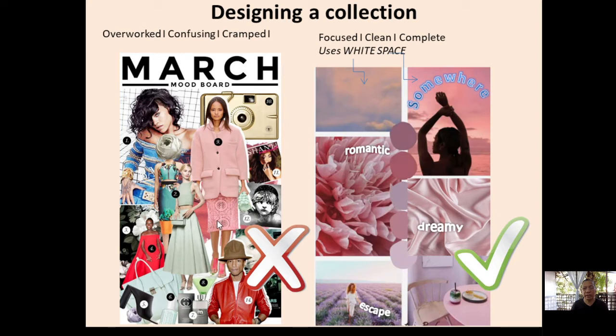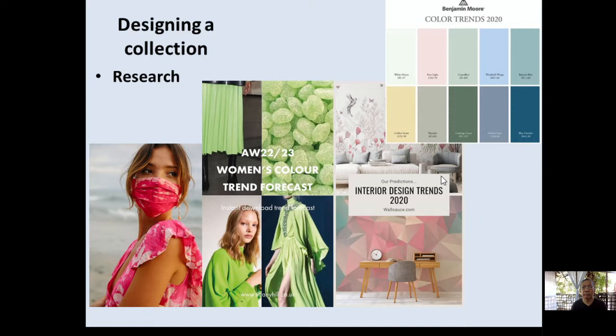No? So it doesn't mean anything at all. So please be able to decipher which good mood board will be able to help you develop or design your collection, which we will go more into the elements or components of making a mood board.